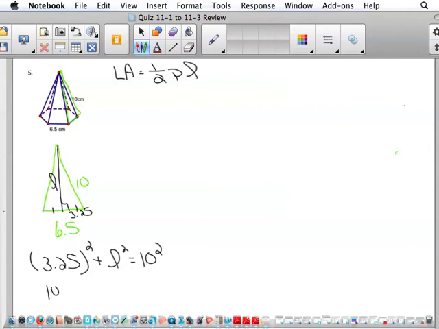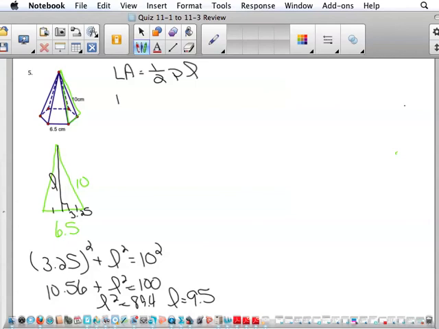So that's 10.56 plus L squared equals 100. So L squared is equal to 100 minus 10.56, 89.4. And so that slant height L is equal to 9.5.